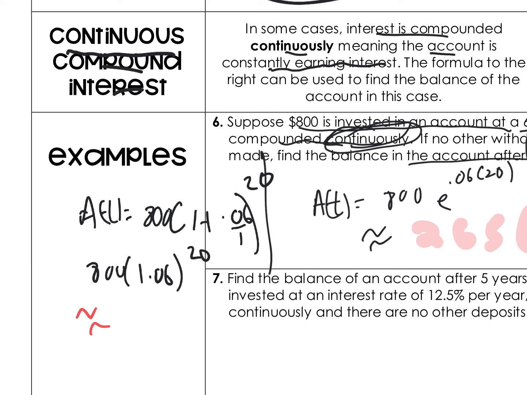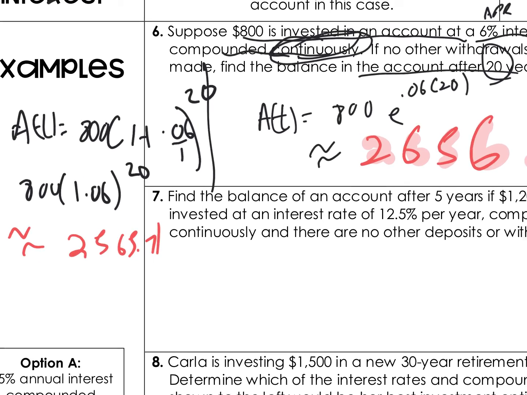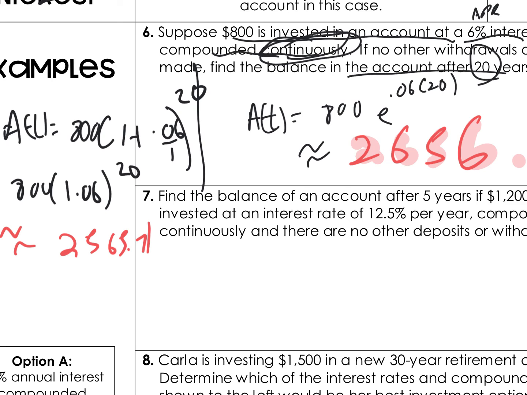Nobody keyed it in? Jerry, did you key it in? What you got? 2,565.71. All right, compare it. It was 2,656, right? Versus 2,565.